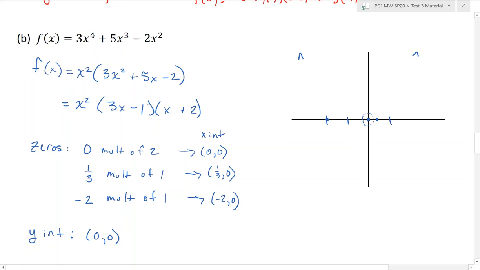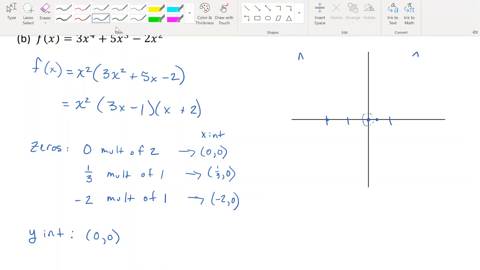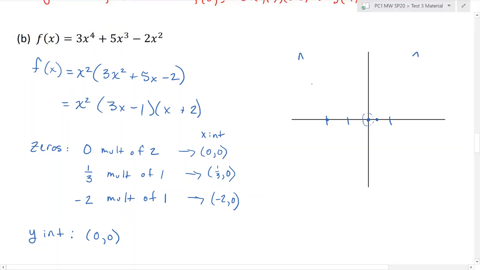And we have everything that we need to go ahead and draw this. So we're going to start up here, like we said with our end behavior. I'm going to start up here and go through this like a line, bounce off like a parabola, and go through like a line. And that's it. We have a nice sketch.